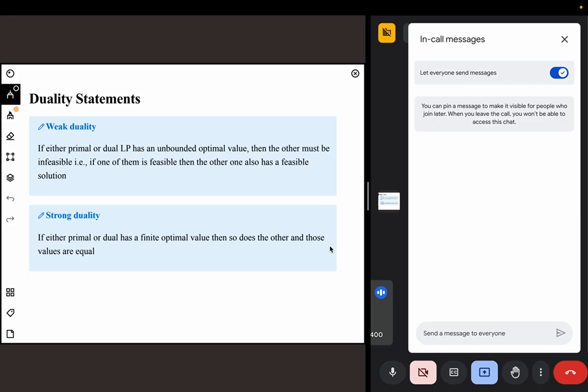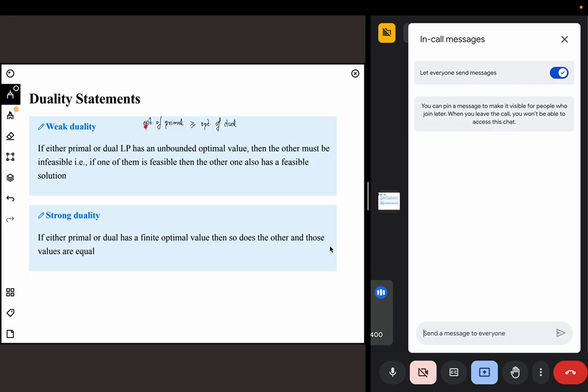Or to put it in a different way, if one of them is unbounded, for example if the minimum value for the primal is minus infinity, then a solution for the dual problem will not exist. In a similar way, if the maximum value is plus infinity for the dual problem, the primal will not exist. So you can write it simply as: the optimal value of primal will be greater than or equal to the optimal value of dual.